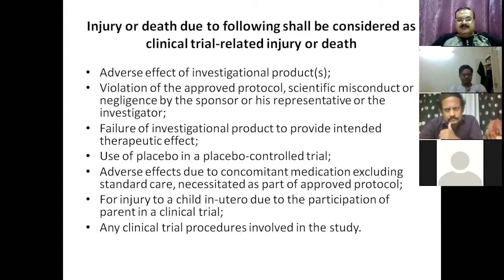Use of placebo in a placebo controlled trial. If you are using a placebo in a placebo controlled trial, in certain situations it might be all right. Suppose you are working on mild pain and you have a mild painkiller, comparing drug A with placebo, you may be all right because if the pain doesn't get controlled, you can always cross over the patient or give him another drug.